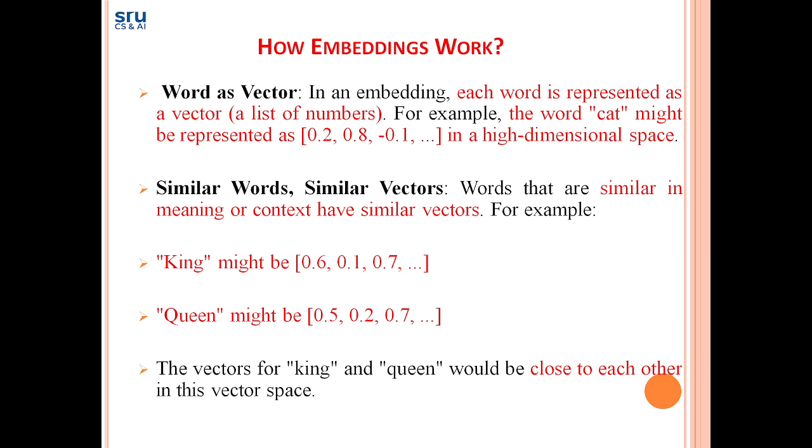Similar words have similar vectors: words similar in meaning or context have similar vectors. For example, king might be 0.6, 0.1, 0.7. Queen might be 0.5, 0.2, 0.7. The vectors for king and queen should be close to each other in the vector space.